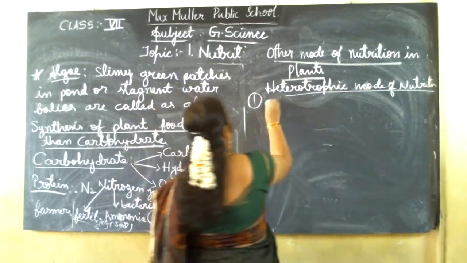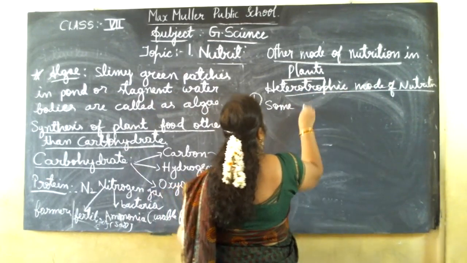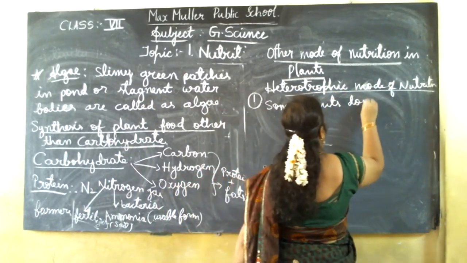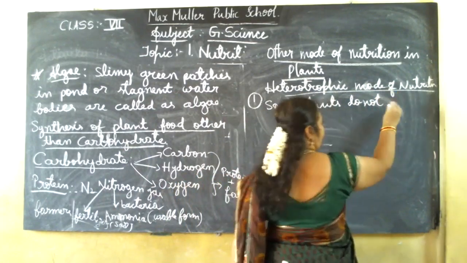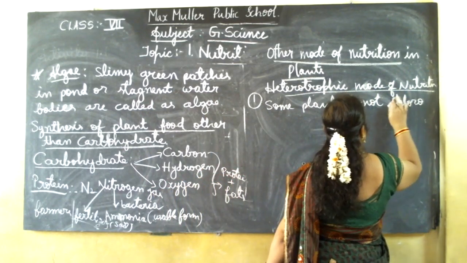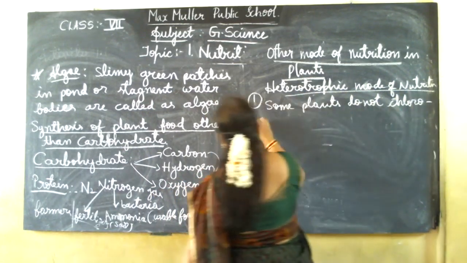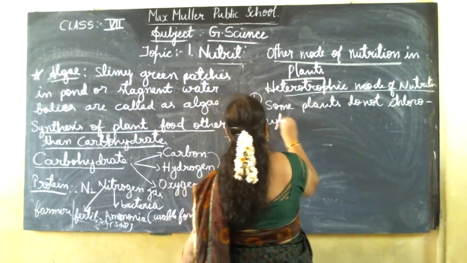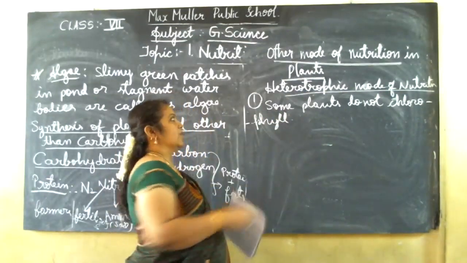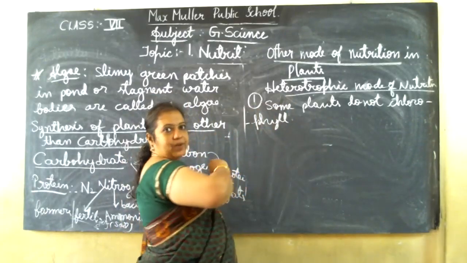Some plants do not have chlorophyll, so they go for the heterotrophic mode.